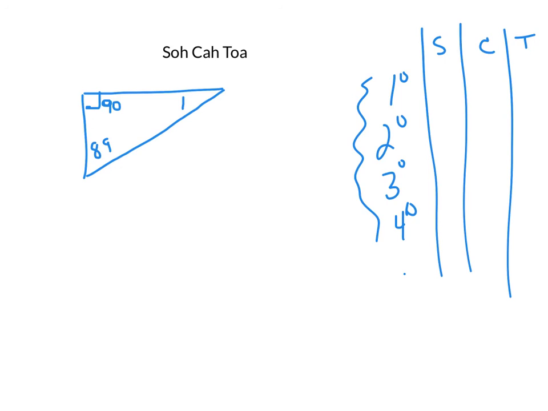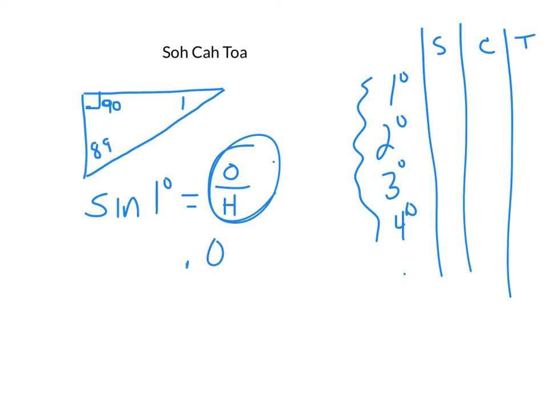They studied that when we have a triangle with these angles, no matter how big or how little it is, the sine of 1 degree is always going to be the opposite over the hypotenuse. No matter how big or small that triangle is, as long as it has those 3 angles, this ratio is always going to come out to roughly 0.0175. That's just something they studied and determined, and it was probably a pretty big discovery at the time.